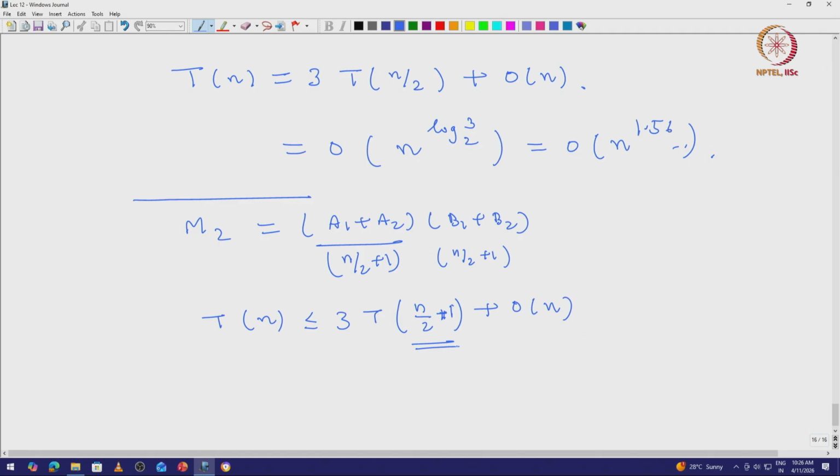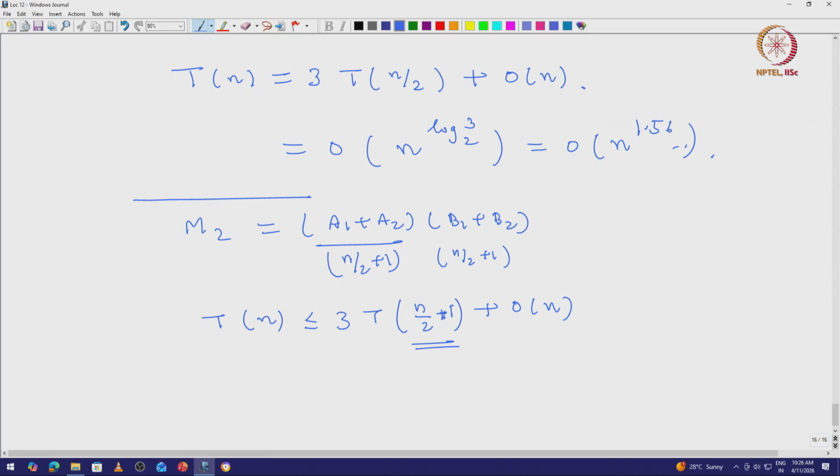So this does not fall into the category of master theorem. You cannot use any of the standard results to get a bound on this kind of recurrence. So we need a special trick.